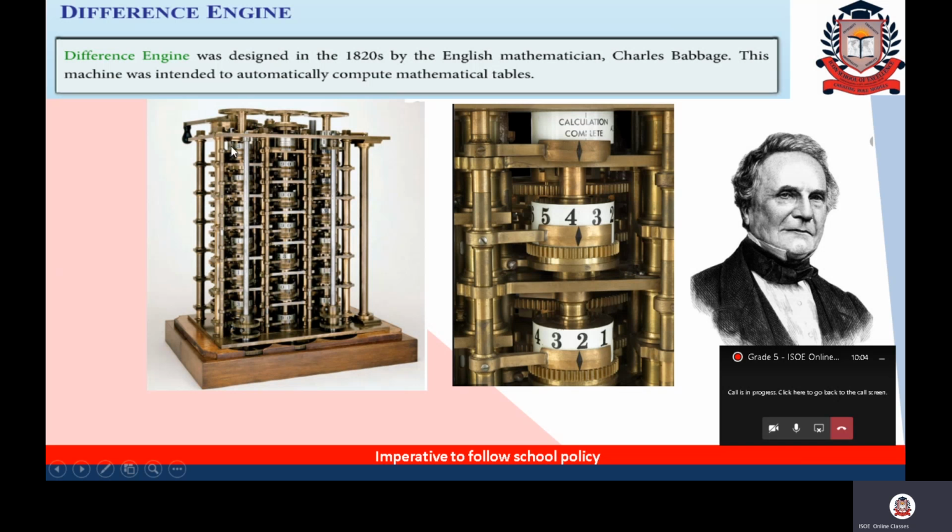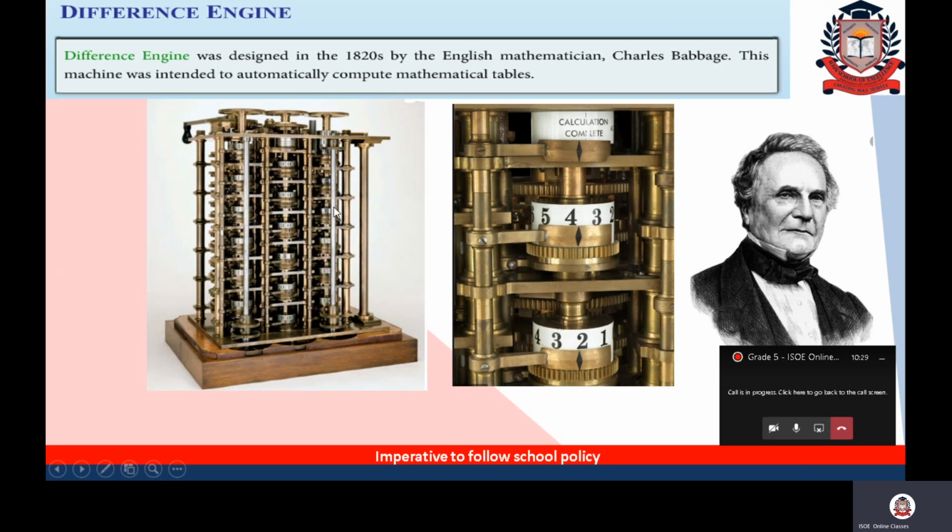So you can see that it has numbers. That is why I have put another photo, a zoomed version of the first, where you can see the numbers very clearly. Okay, calculation complete. So this is how it is going to be seen on each rod of it. Okay, it was designed by an English mathematician. What is his name? He's Charles Babbage.